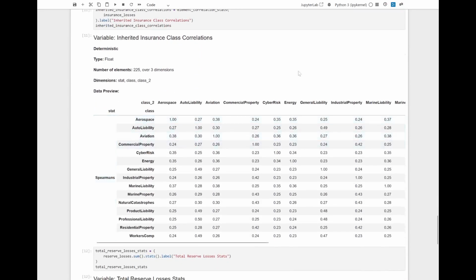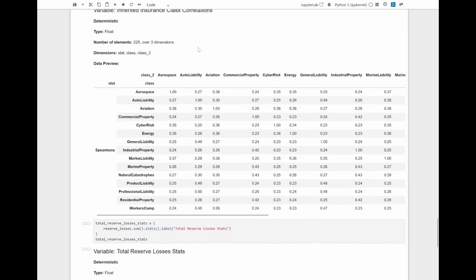We can look at some of the inherited correlations the other way. What do the class-to-class correlations look like when we measure them at a total insurance risk level? So remember, we're not actually applying correlations that attach to total insurance risk. We're applying them separately on the underwriting and the reserve risk distributions. So this will get inherited, and let's see what we get.